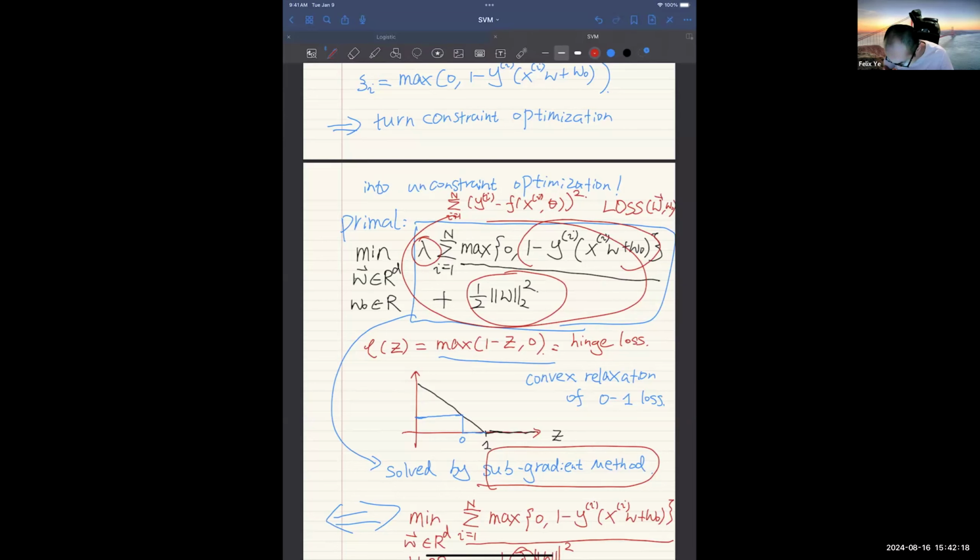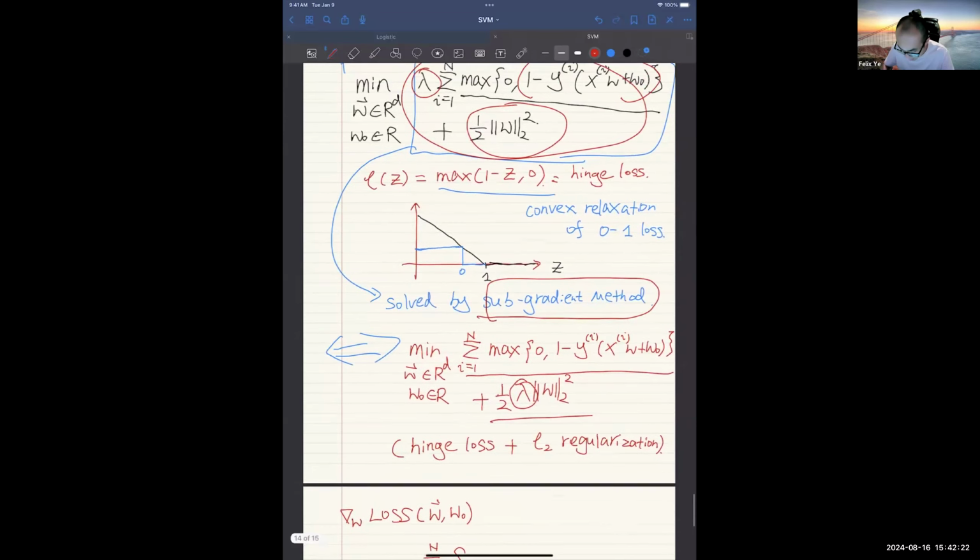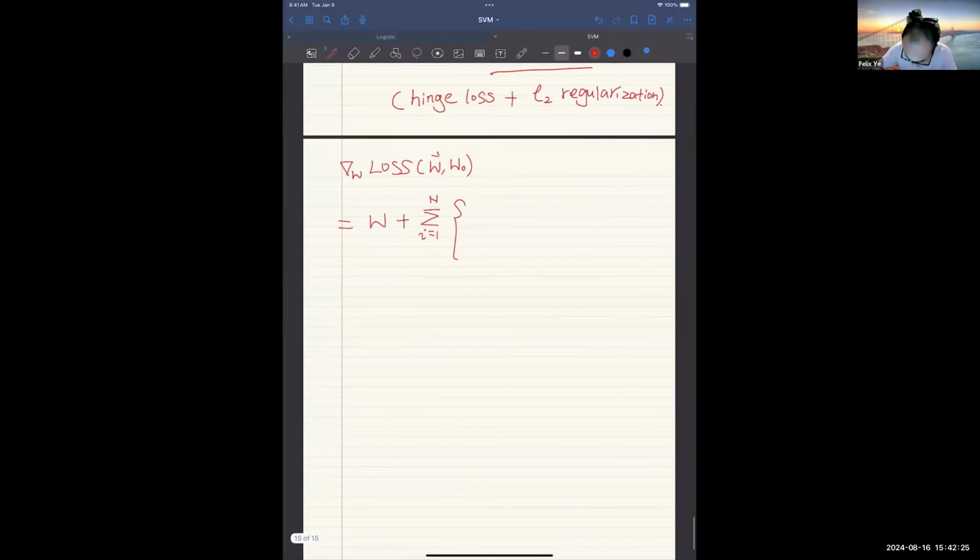So this becomes minus lambda yi xi transpose if yi (xi w plus w0) is less than or equal to 1. It will be 0 otherwise.